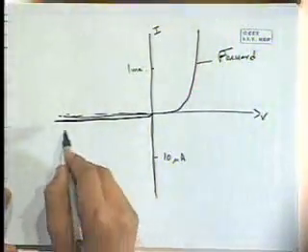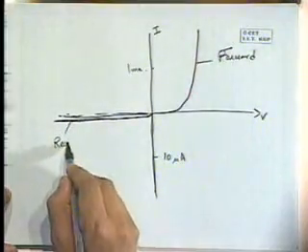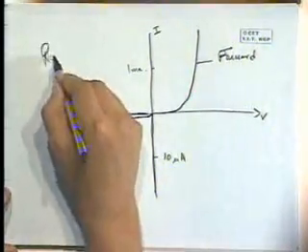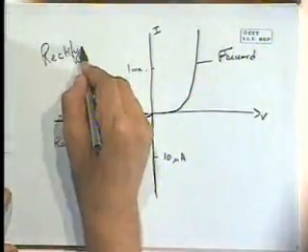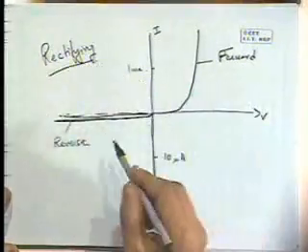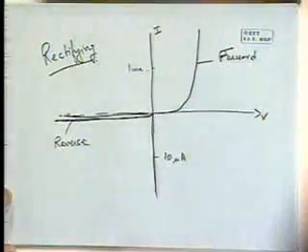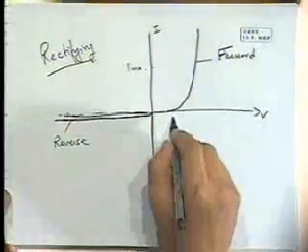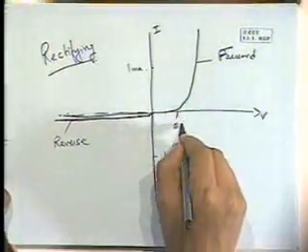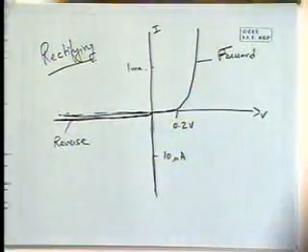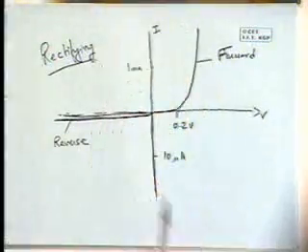And so this behavior is what is known as our rectifying behavior, which is what one of you mentioned right at the beginning, that in one direction it allows current to flow, in the other direction it doesn't. We have some kind of a turn-on voltage of about 0.2 volts. Beyond that, it rises sharply.